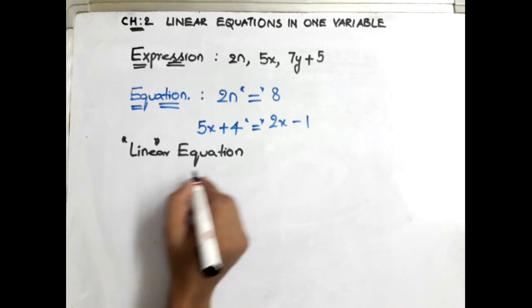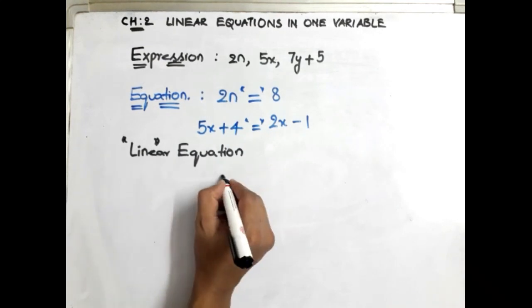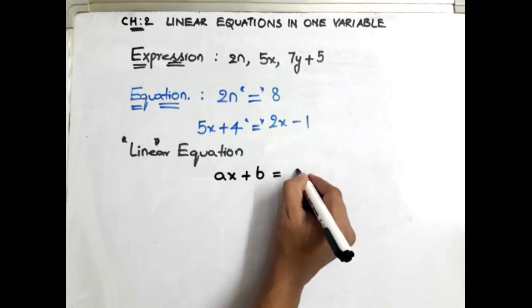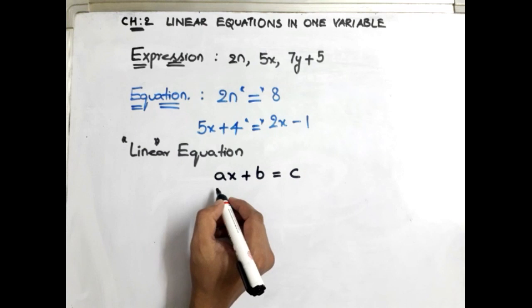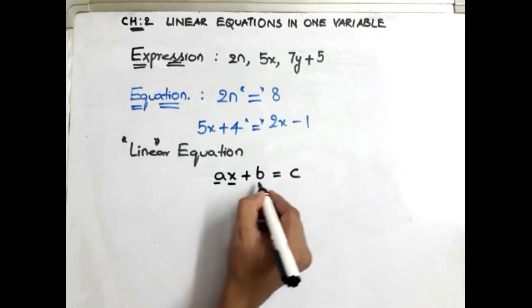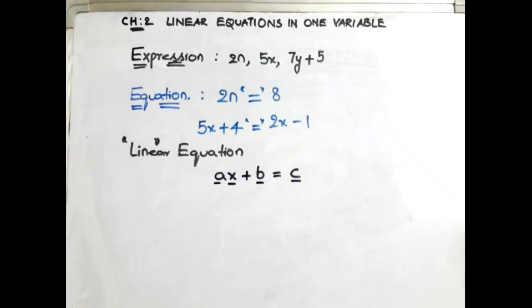Now look, if we take the general form of a linear equation, it will be ax plus b is equal to c, where a, b, c are the different terms.